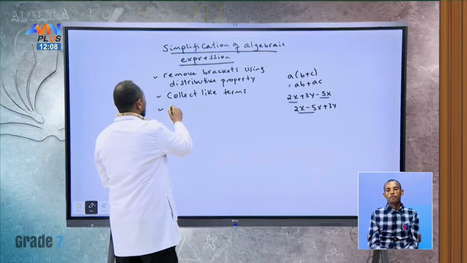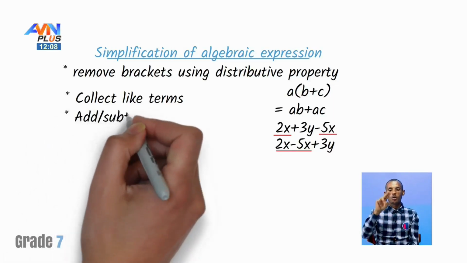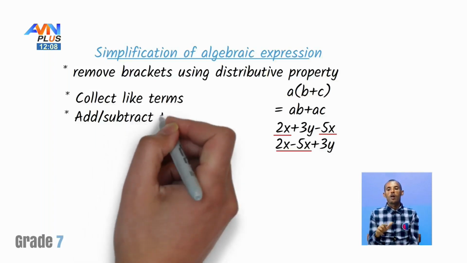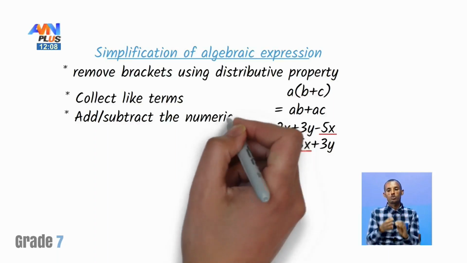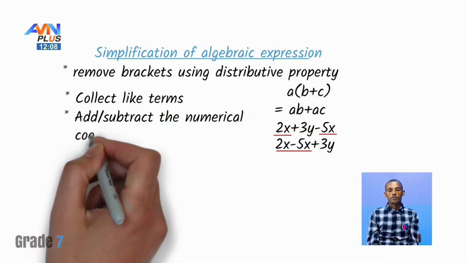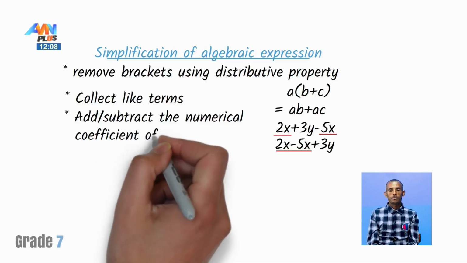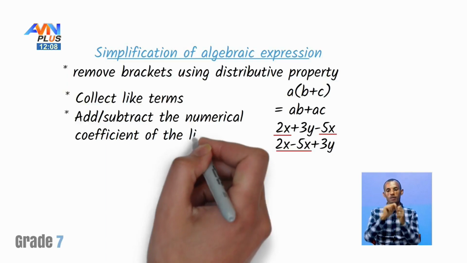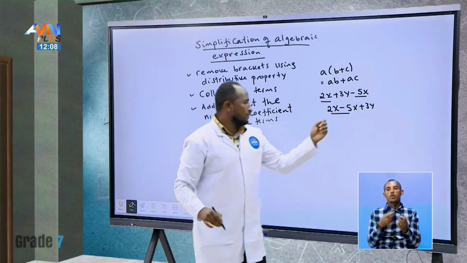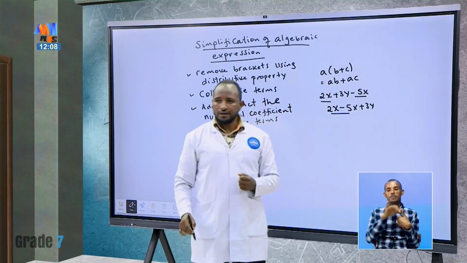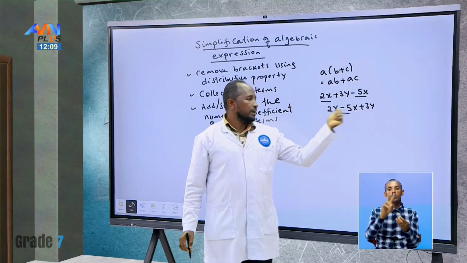Here you collected the like terms 2x and minus 5x, so you add 2 and minus 5.